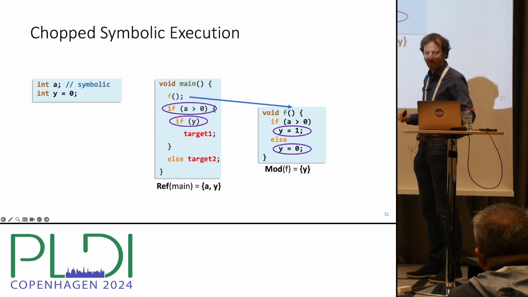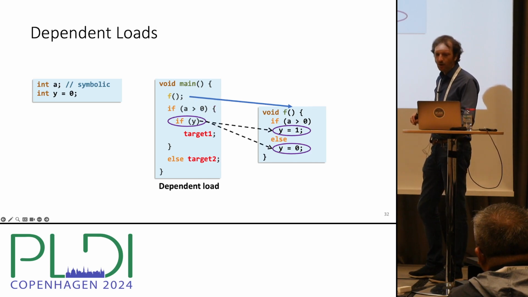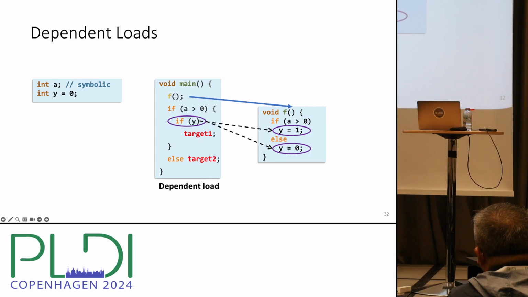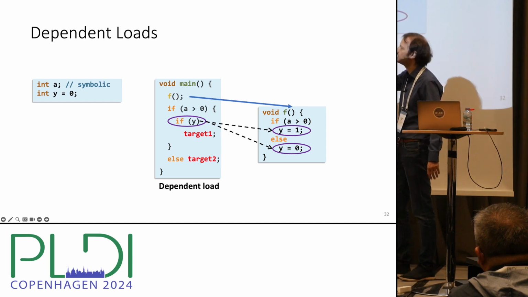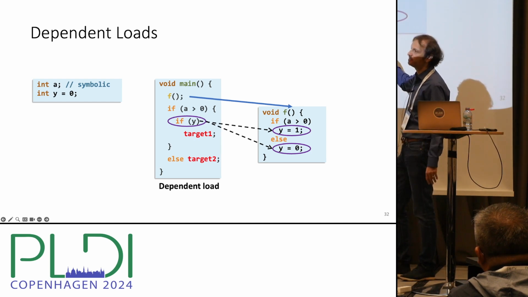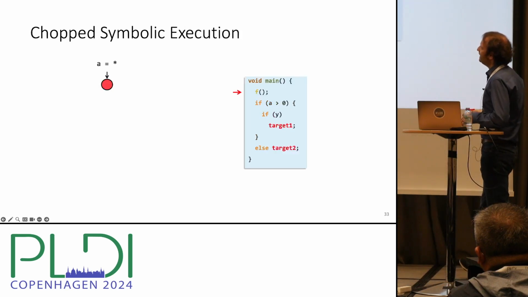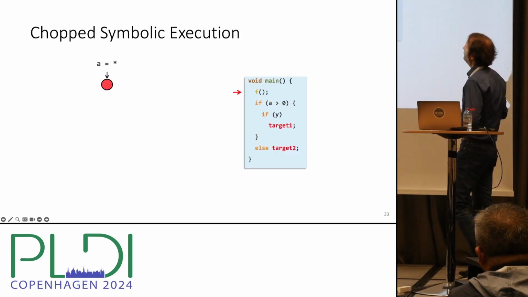Let's say that you made this determination. Now what we're really interested in is the intersection of the two. We're interested in these dependent loads: any memory locations that may be read in the main part of the code, which may have been written in the skipped code. That's what can get me into trouble if I skip the code. With this in place, I can start symbolic execution as usual.